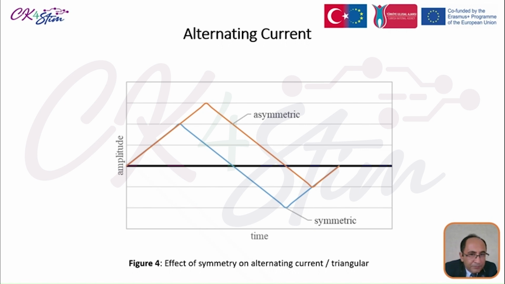The current can be symmetric or asymmetric. If the current goes through the positive and negative highest values in a symmetric form, we call it symmetric current, or it may have different highest values in positive and negative phases, and it may be asymmetric.